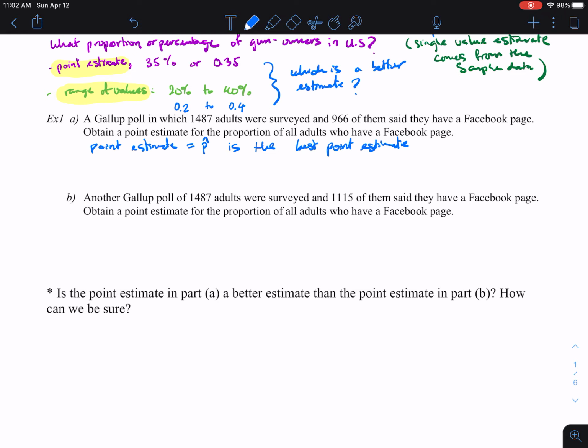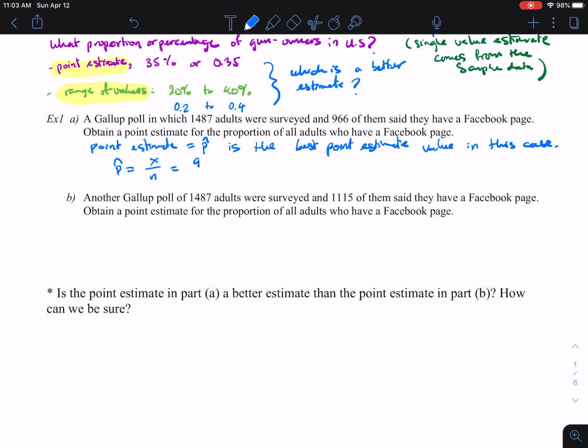So that's going to be our best point estimate value. The formula for p hat is x over n. X is the number of people who responded that they have a Facebook page, and n is the sample size.